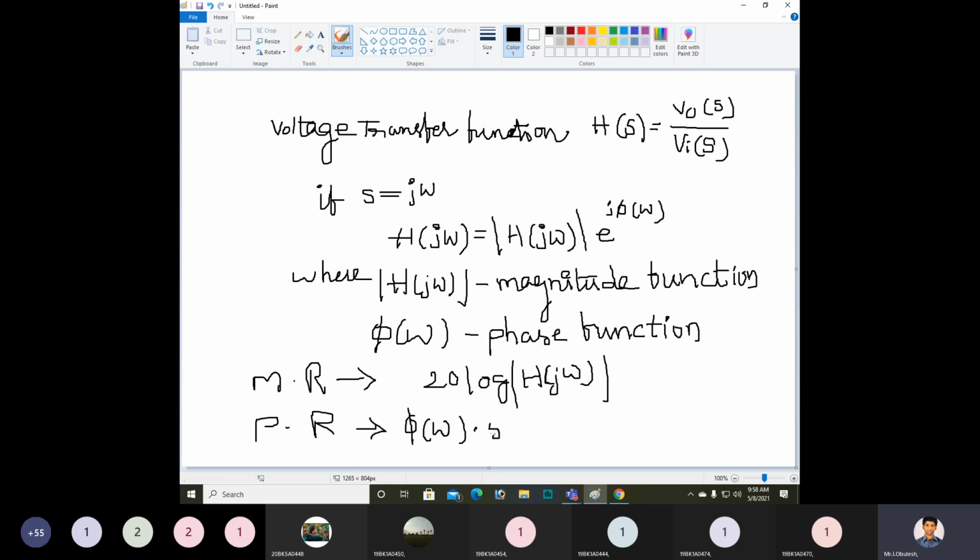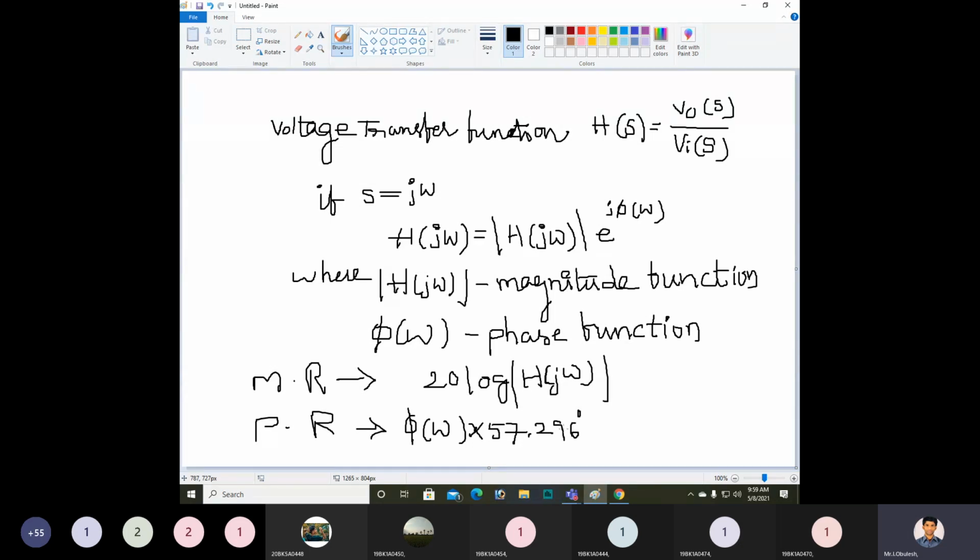So the magnitude response of the active filters is usually 20 log mod H of J omega, and the phase response is phi of omega into 57.296.